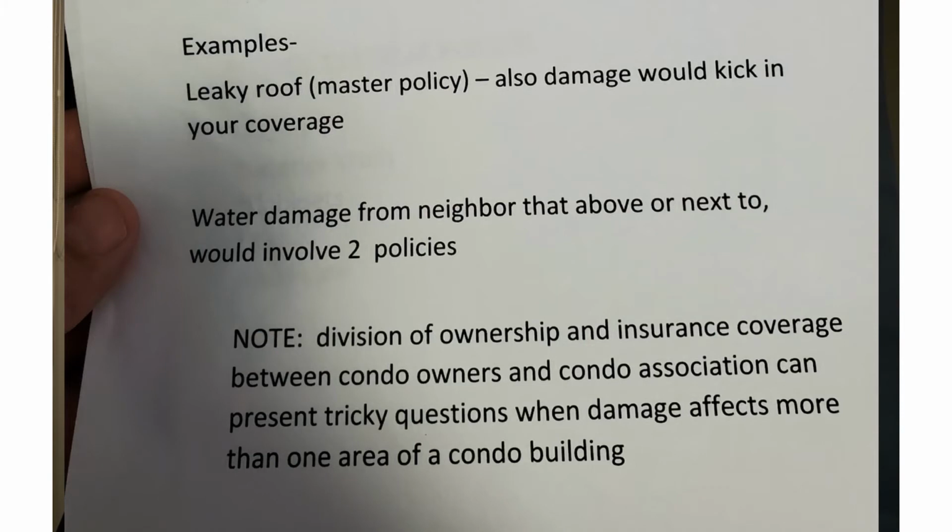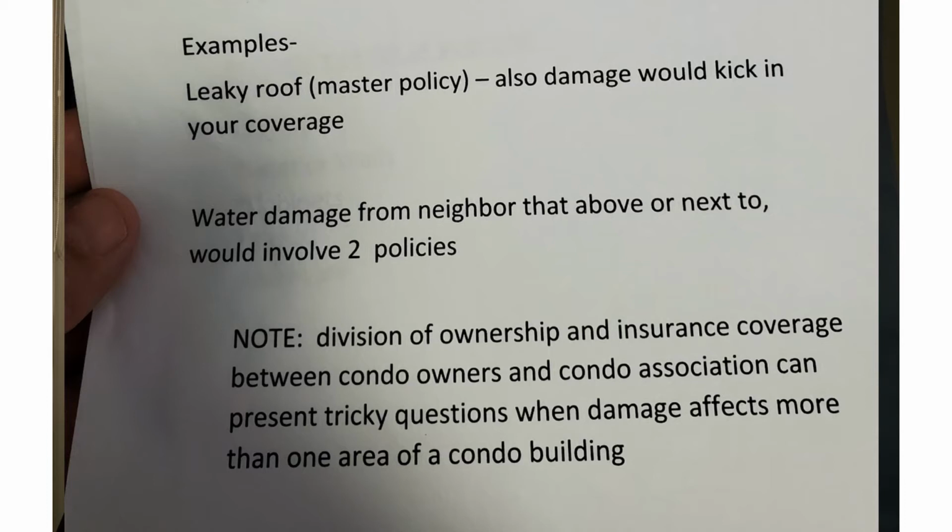So an example of the difficulty when you're dealing with condo units is that you can have multiple policies involved with. So if we take a look at example 1, a leaky roof is covered by the master policy, as you can see.